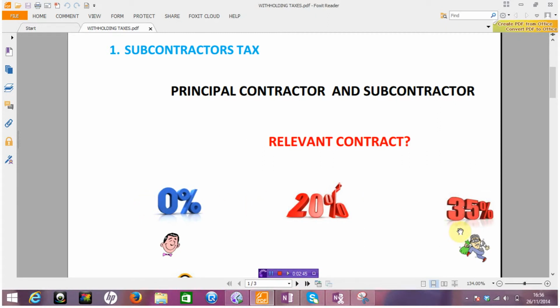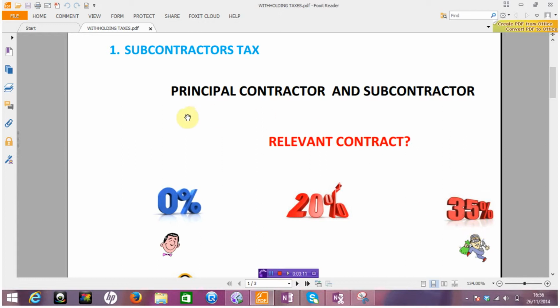On the converse side, where we have an individual who has a poor tax record, let's say that they have been submitting returns late or not paying their tax, or perhaps they're not even registered in any way for self-employment, in that case Revenue will provide for a deduction of 35%.